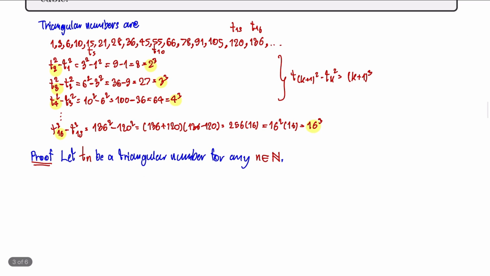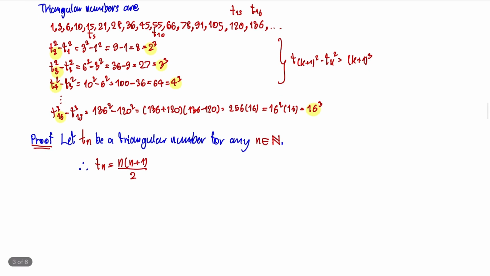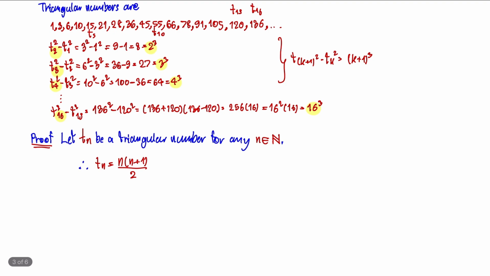This means that t_n becomes the sum of consecutive numbers, which is n times (n plus 1) over 2. Now let's take consecutive triangular numbers.